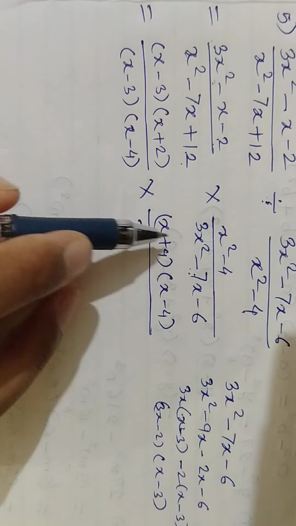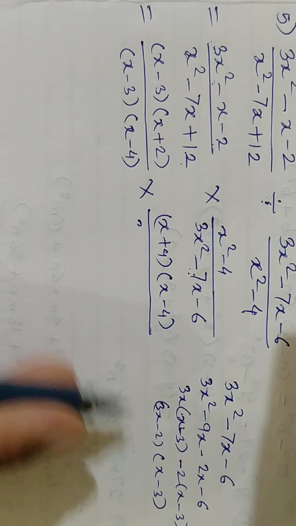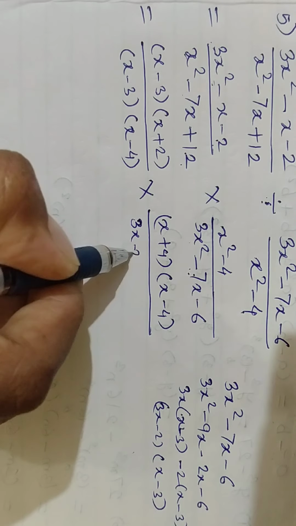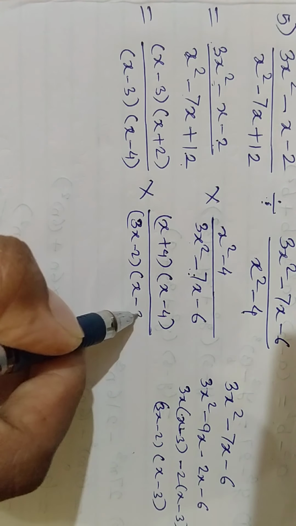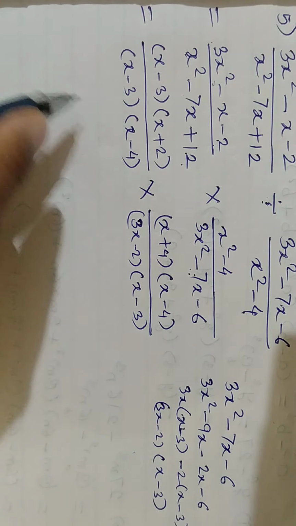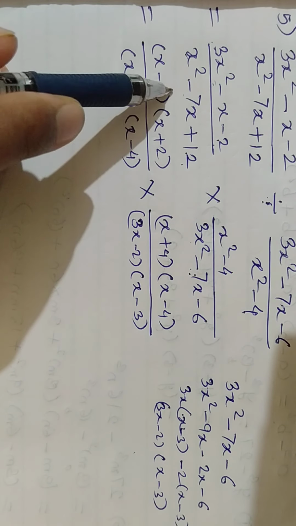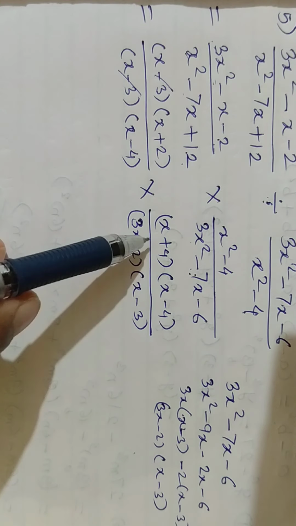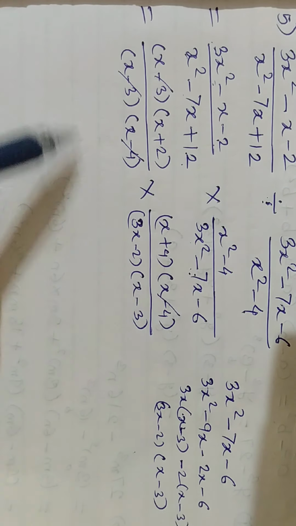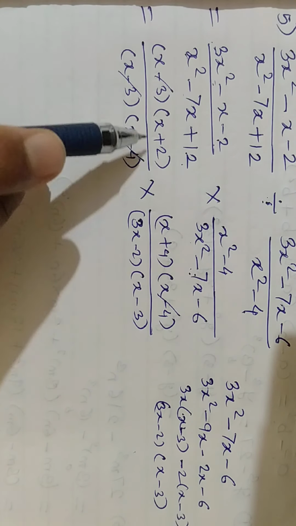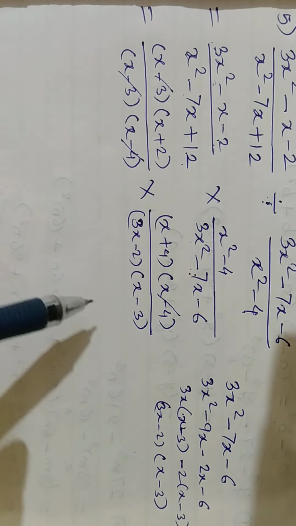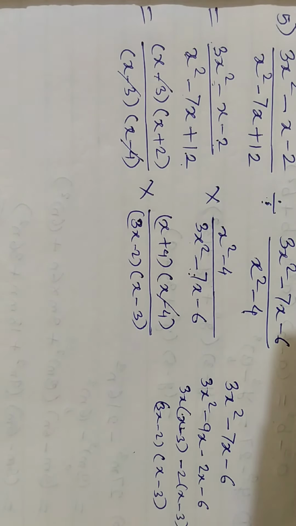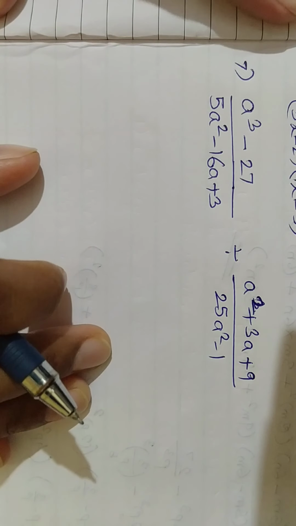See, I have solved this expression here, so the factors I got are (3x plus 2)(x minus 3). Now see which will get cancelled: this x minus 3, x minus 3, then x minus 4, x minus 4. Then the remaining will be as it is. You can write it. One more we will see.